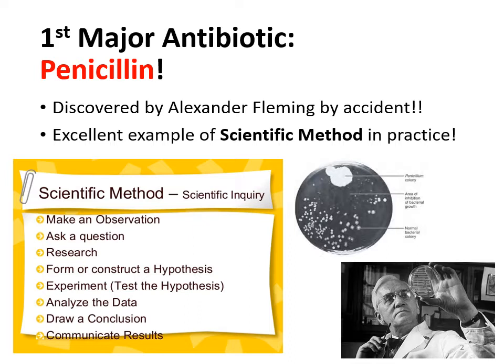So now once you make this hypothesis, you then have to test it somehow. You test it with experiments. And in order to test it with experiments, you have to use an experimental group and a control group. You always want an experimental group and a control group.